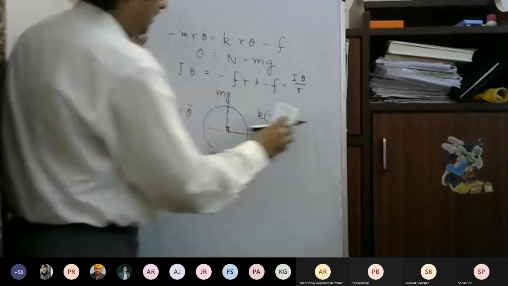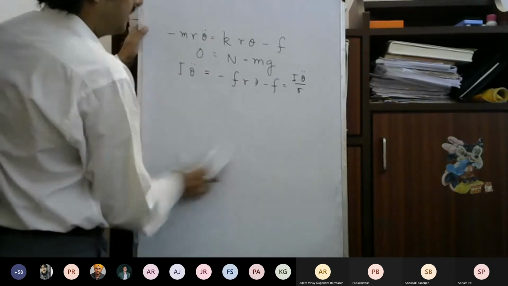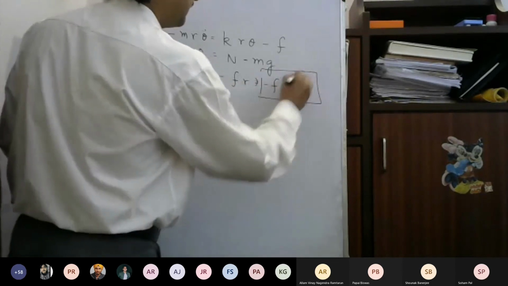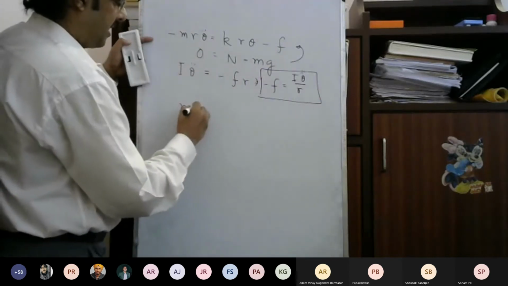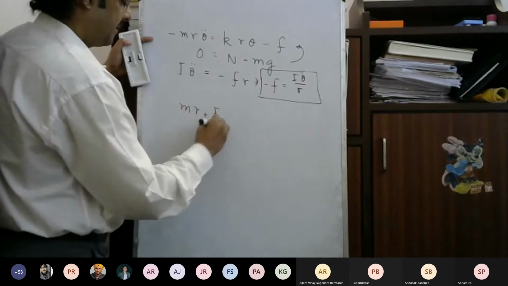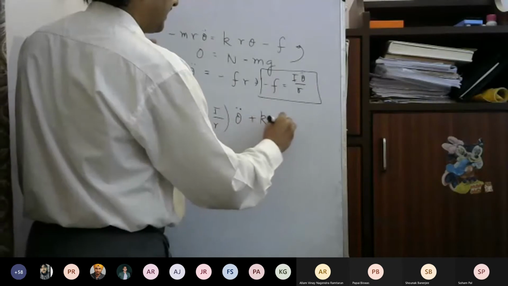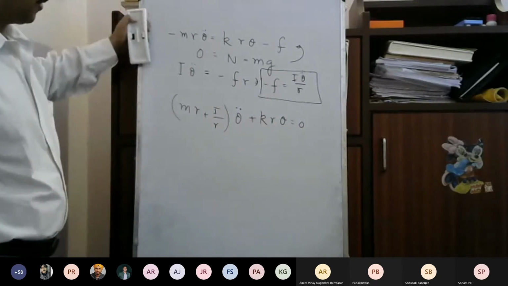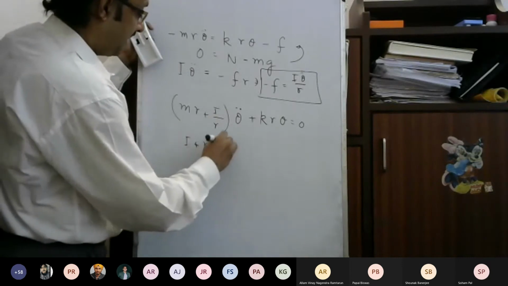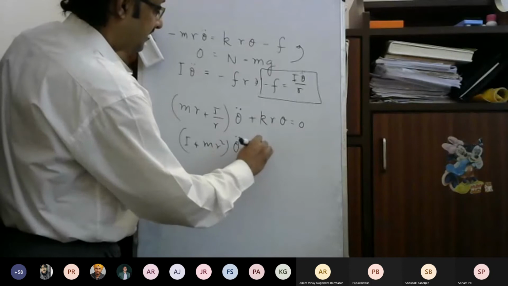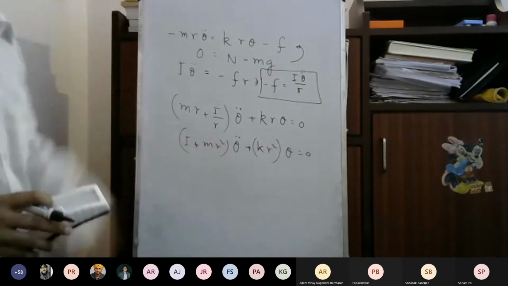So I substitute this equation into this equation, and I get (m r plus I by r) theta double dot plus k r theta equal to 0, or (I plus m r square) theta double dot plus k r square theta equal to 0. So this will be our equation of motion.